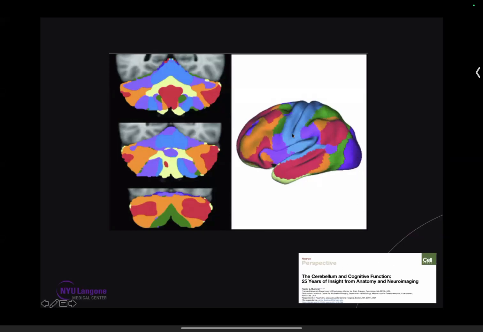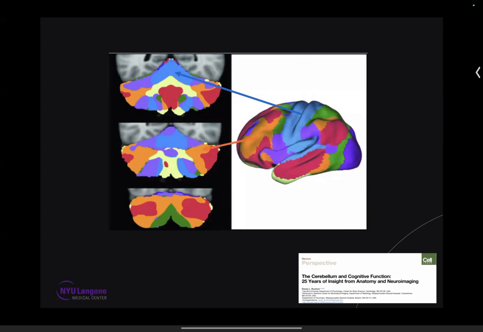if you want to read about that, is showing you that these are resting state functional maps, which show you the connection of the cerebrum with the cerebellum. And you can see these blue areas, which are your sensory motor. They're connected to these blue areas, which are median and paramedian in the cerebellum, right?